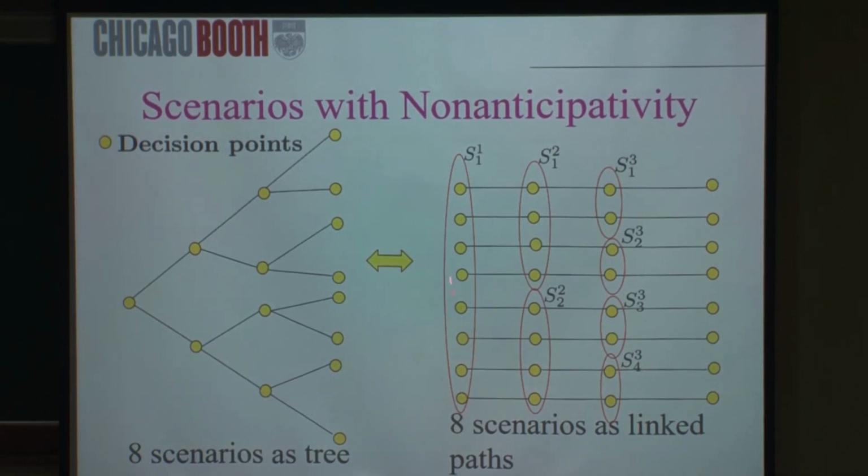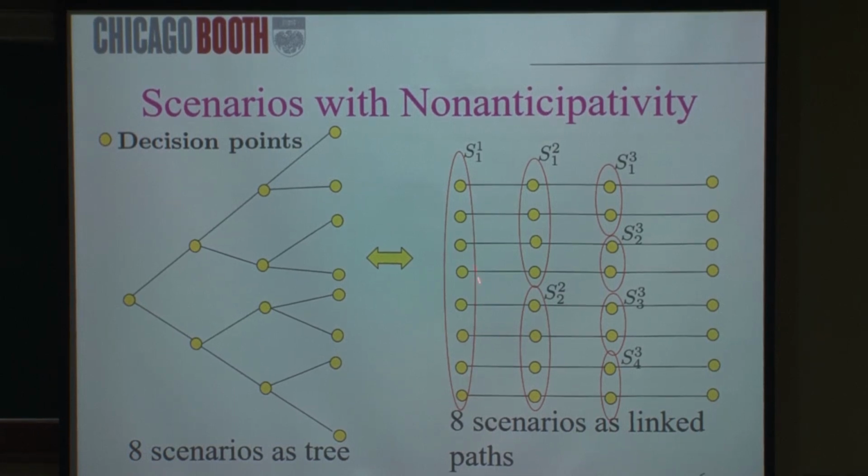But then I've described the condition that everything here has to have the same decision if they have the same information. I've taken all the things that are in the same information set and said all of them have to be equal to each other. So these 8 scenarios share the same information at the very beginning, so all of those decisions have to be the same.